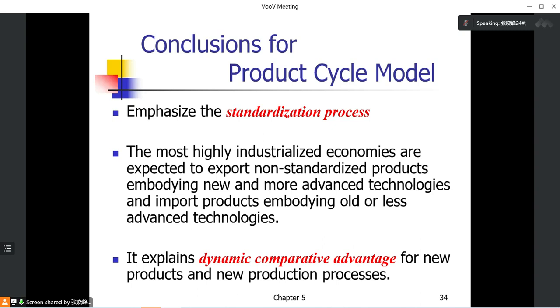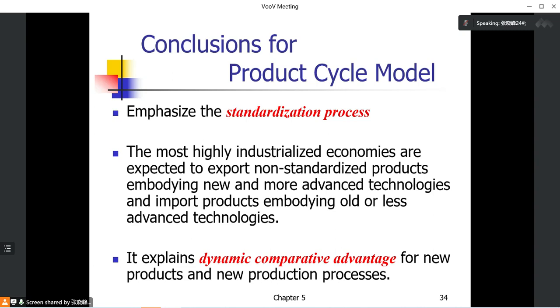What are the conclusions of the product life cycle model? They emphasize the standardization process. Standardization implies economy of scale, lower cost and higher productivity.